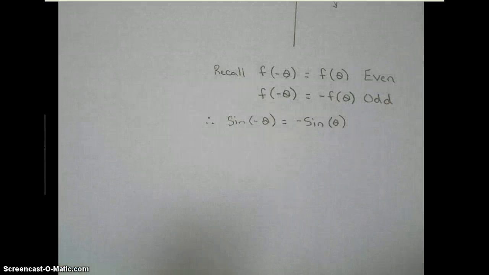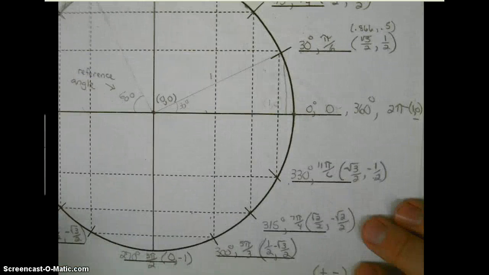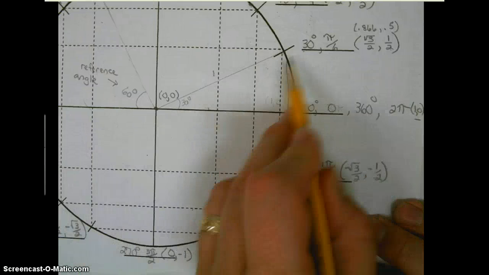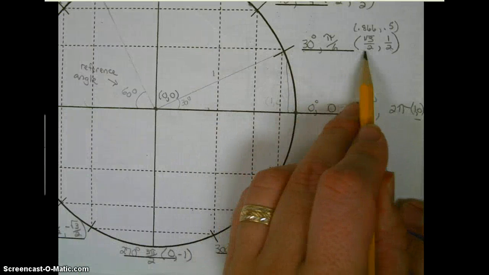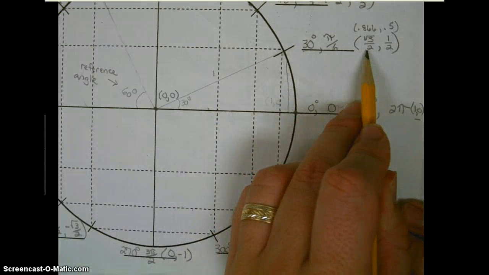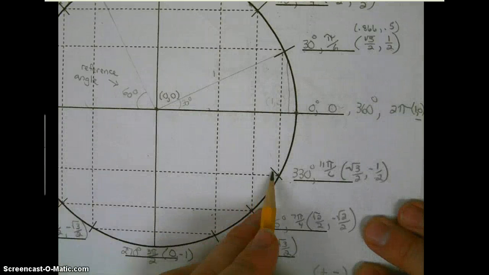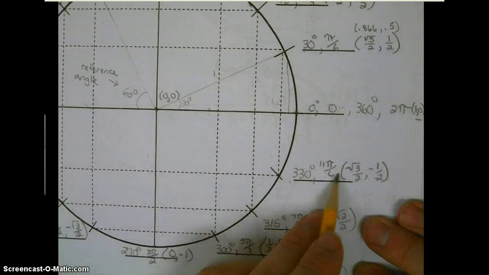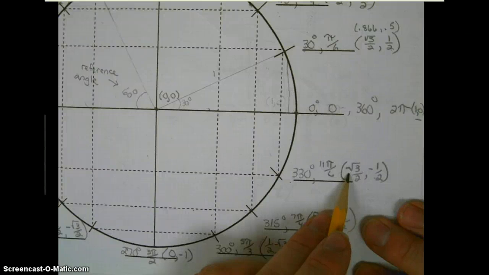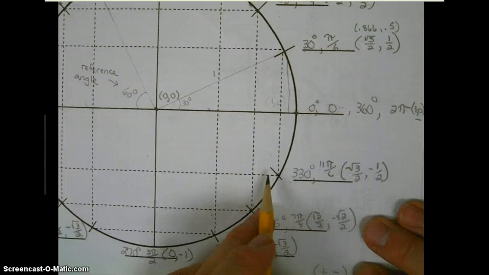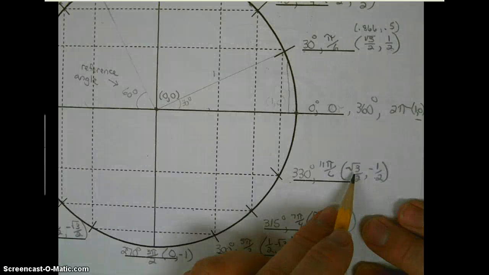Okay, let's test cosine. Cosine of 30 is the square root of 3 over 2. The cosine of negative 30 is also the square root of 3 over 2. So here we inputted a negative and we got out a positive.